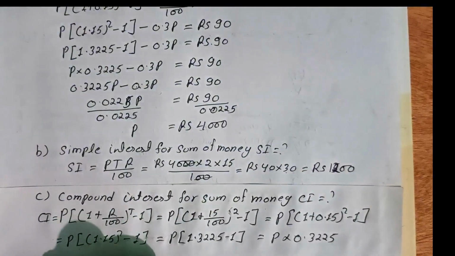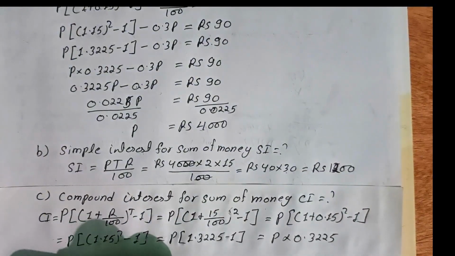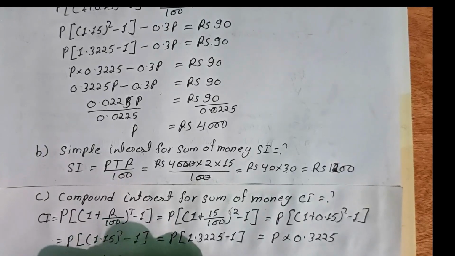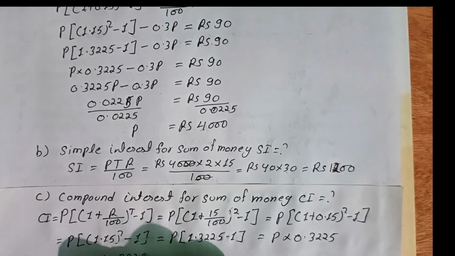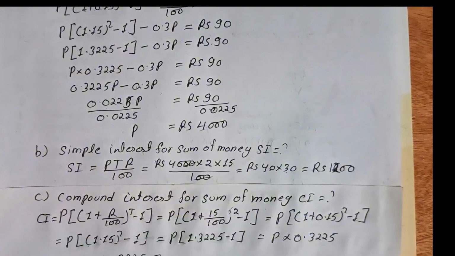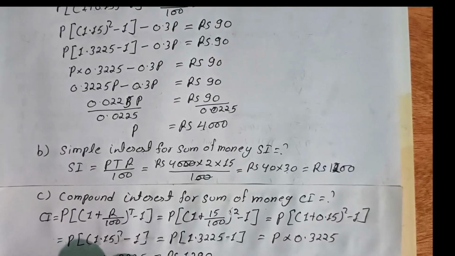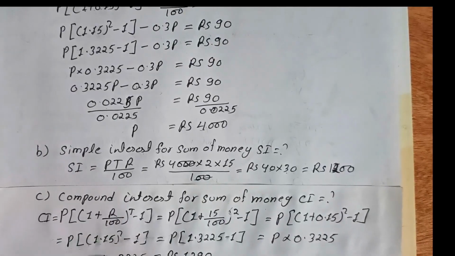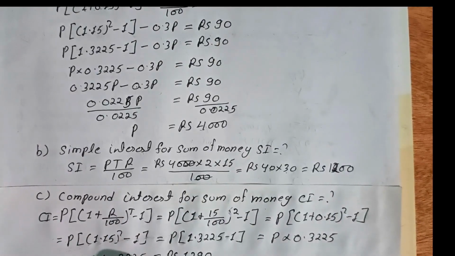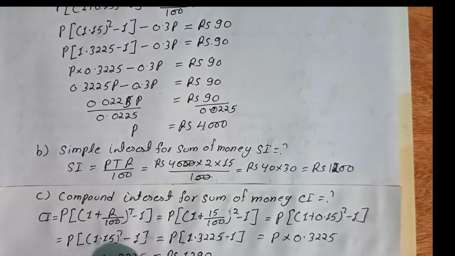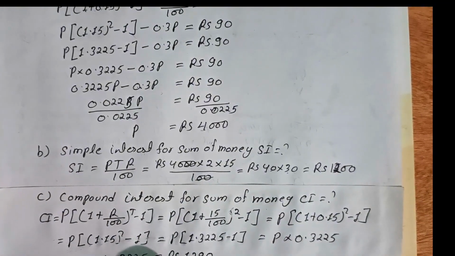So finally the principal sum of money is 4000 times 0.3225, and it comes to Rs 1290. So finally the compound interest for 4000 at a rate of 15% for 2 years becomes Rs 1290. This is the answer.